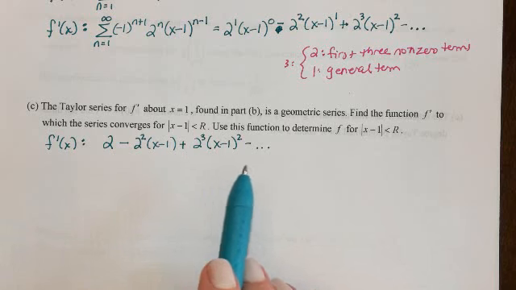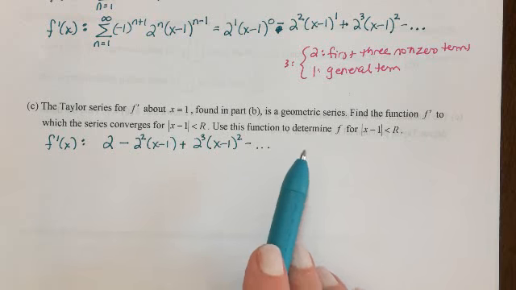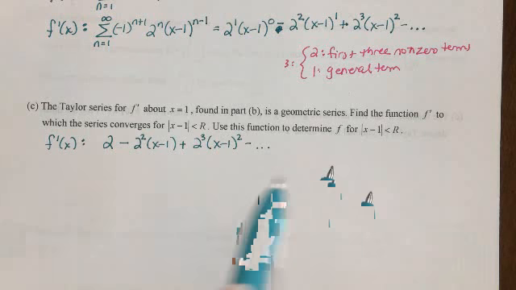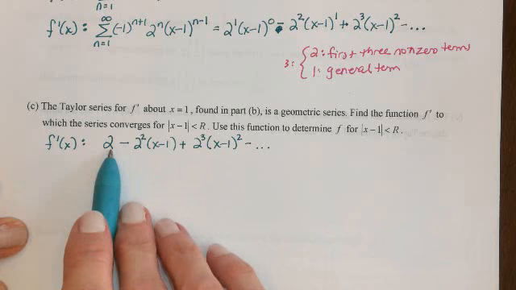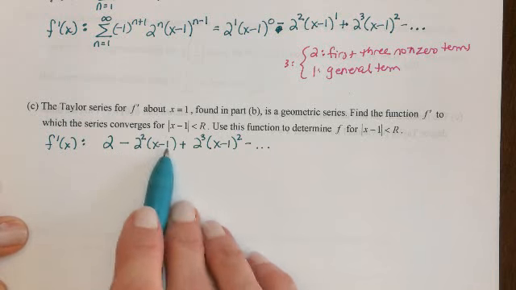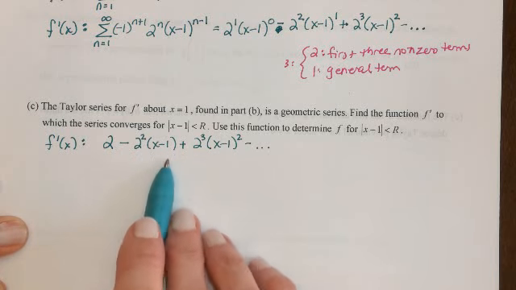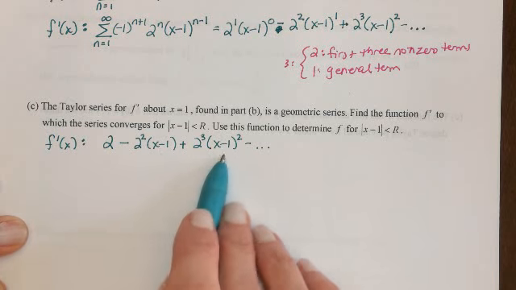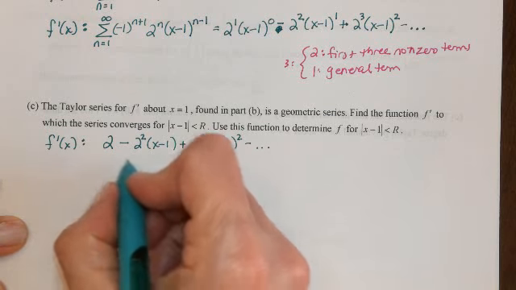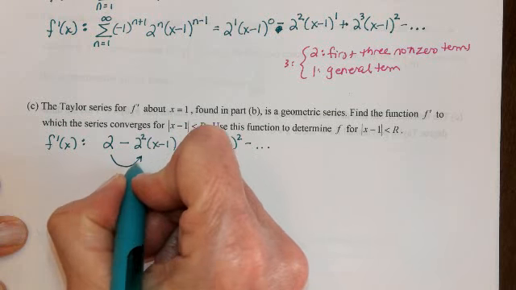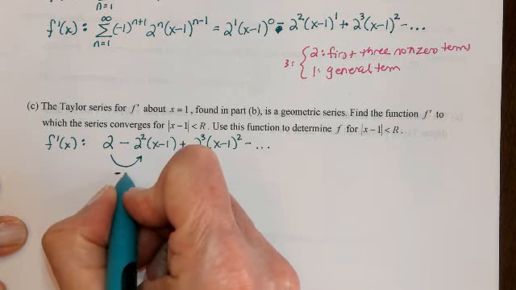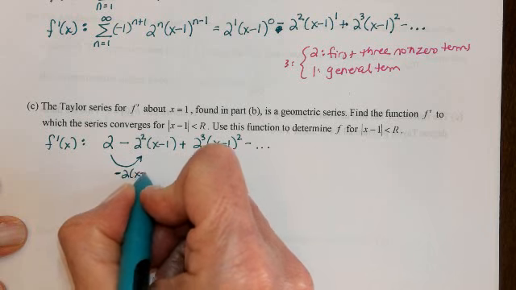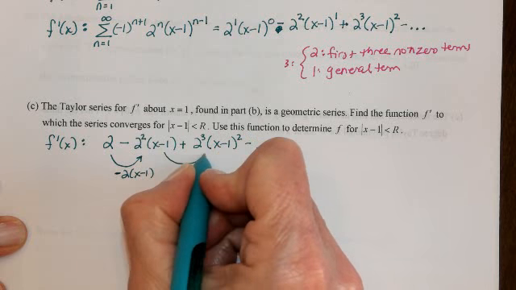Okay, so this is geometric because I am multiplying by something each time. What am I multiplying by each time to get to the next term? Well, I'm multiplying by negative 2 times x minus 1. Does that work to get to this one? Yes.